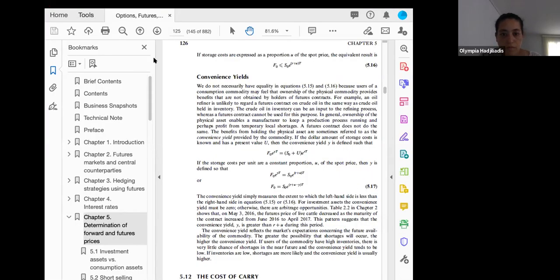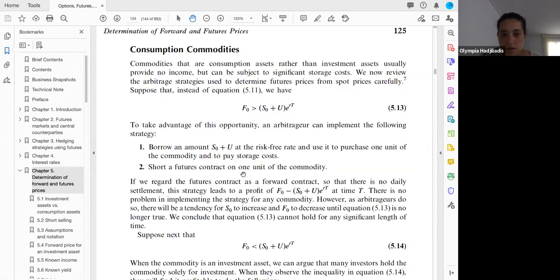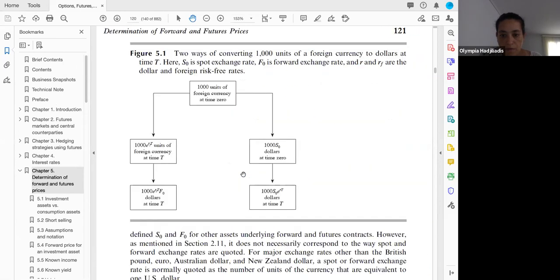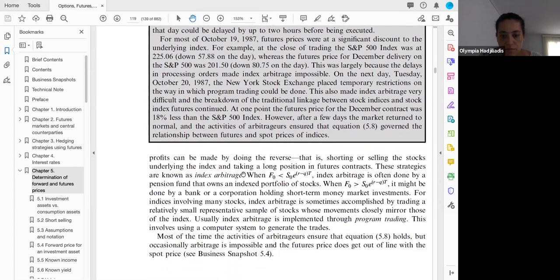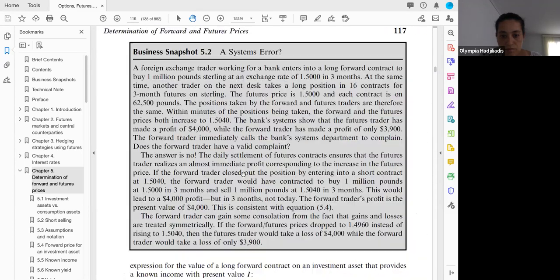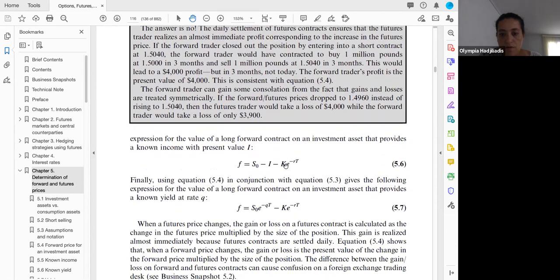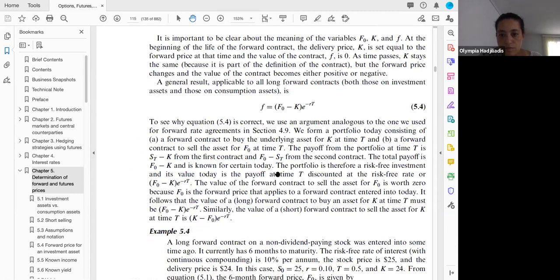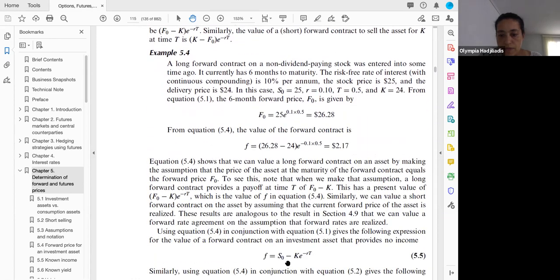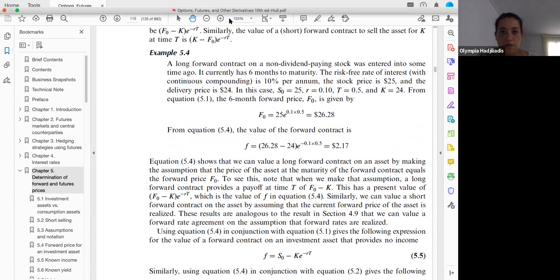Basically the equation that is being applied here is S minus K e to the minus RT. That's equation 5.5 that is being applied after the end of the 6-month period. Let's go back.